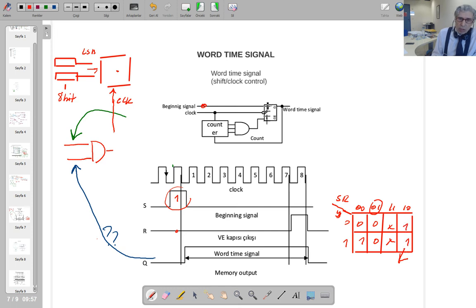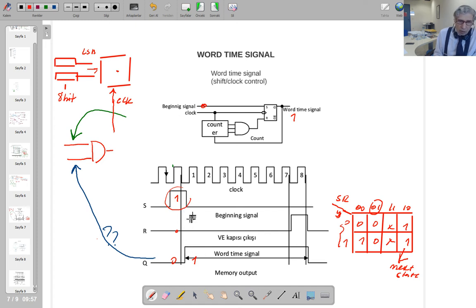That means the SR type memory element output is going to be 1. So this is the output Q here: it became 0 and then it became 1 because of that output. This is the next state value. Whatever your present state value is, the next state is going to be 1. So it became 1 here.